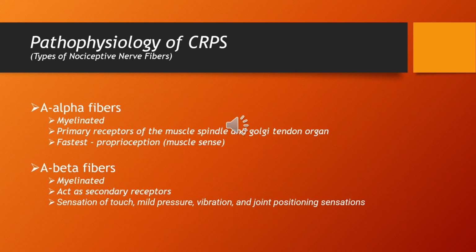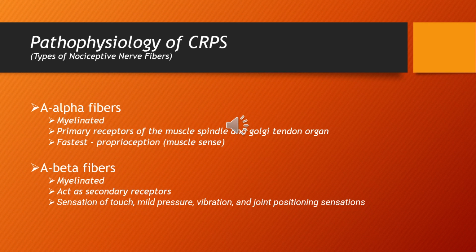Let's now discuss these nociceptive fibers in more detail. First, we have the alpha A fibers. These are myelinated fibers. They're also the primary receptors of the muscle spindle and the Golgi tendon organs in the skin. They carry the fastest sensory conductivity, and they convey information related to proprioception or muscle sense. Then we have the A beta fibers.